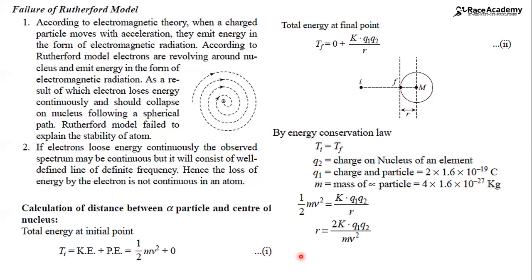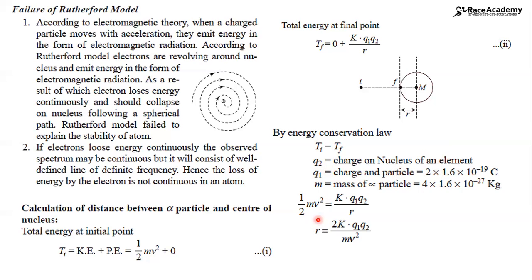After equating them, you derive the equation r equals 2k q1 q2 by m v square, where the charge of the nucleus of an element is q2 and q1 is the charge of the alpha particle, that is 2 into 1.6 into 10 to the power of minus 19 coulombs. The mass of the alpha particle is this value. So these are all related to the alpha particle only, the values for q1, q2 and mass.